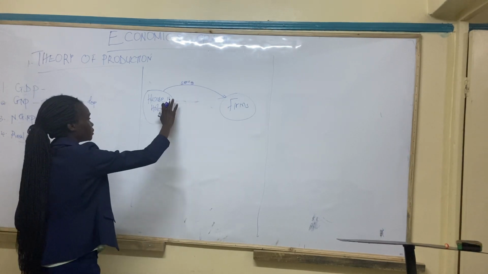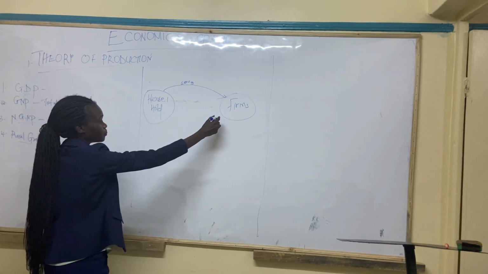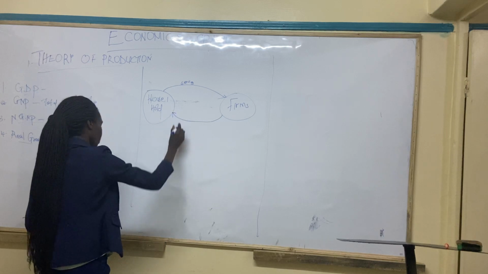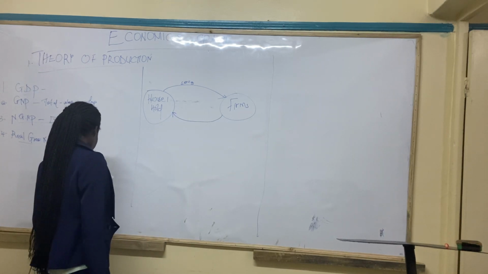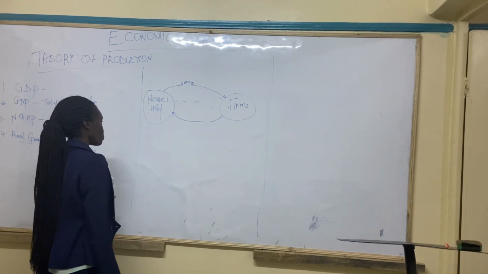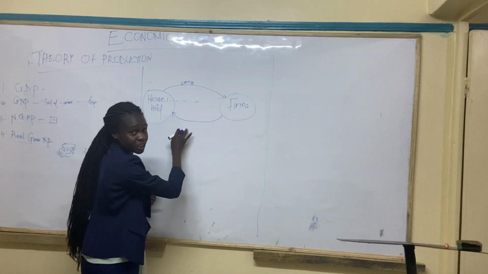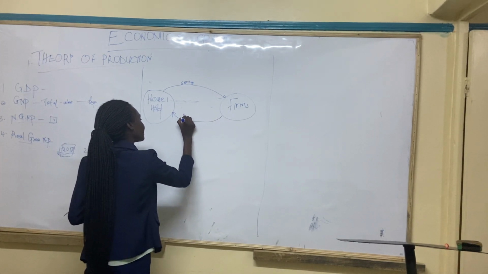When households provide services to the farm, what does the farm do? The farm produces goods and services.